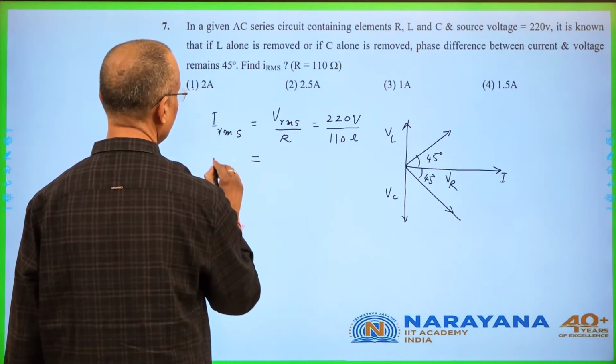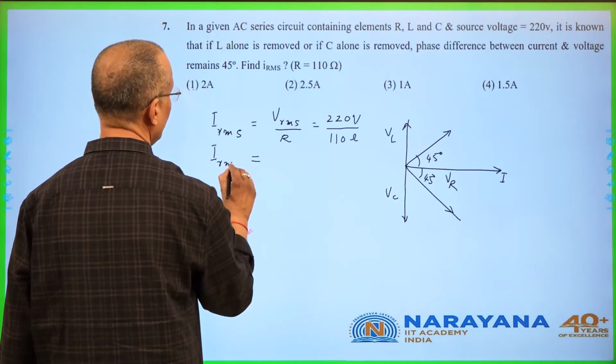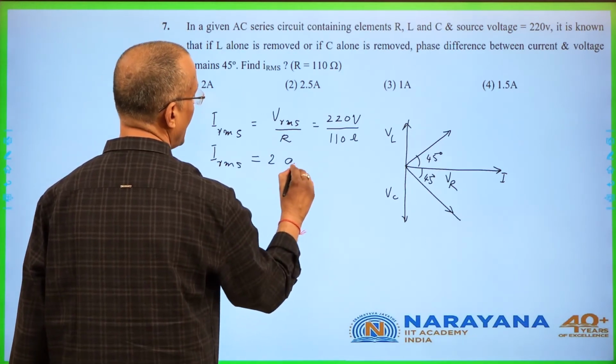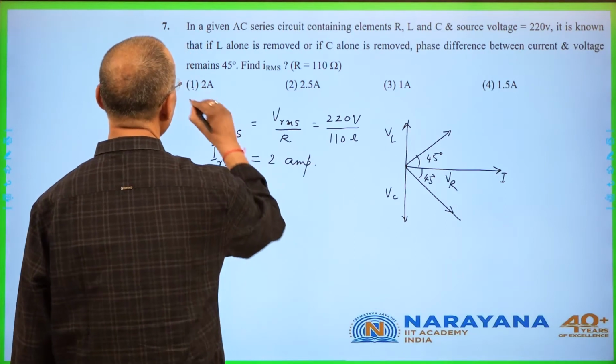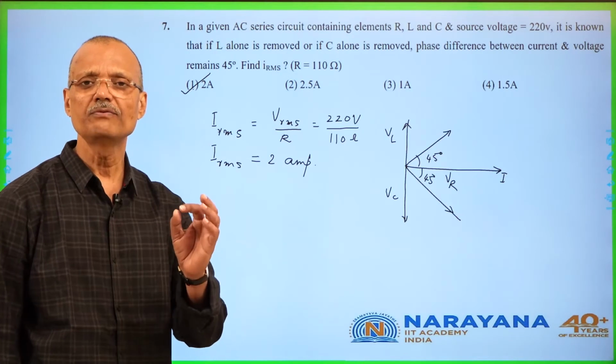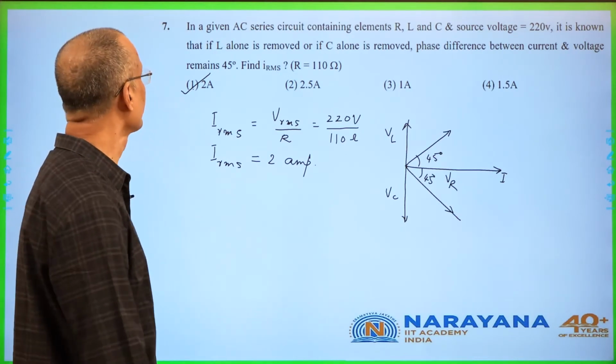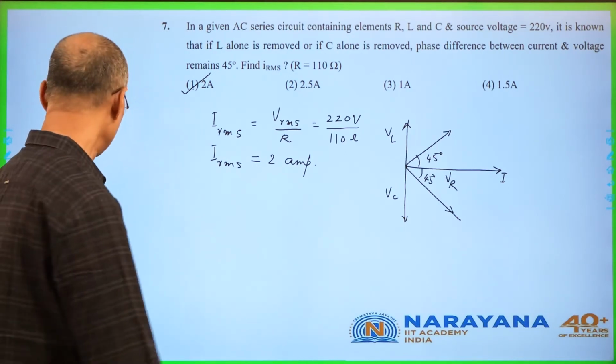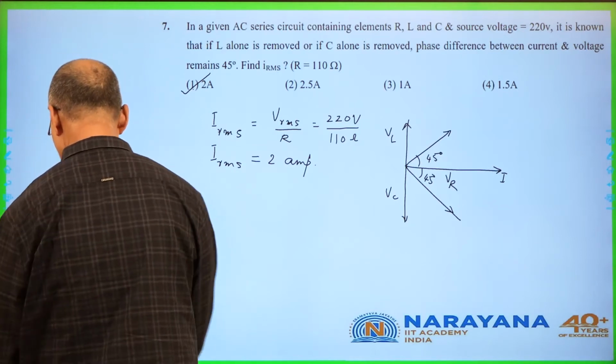So you are getting I rms as 2 ampere. The answer for this is number 1. Very, very simple question. Let us move now to the next question, question number 8.